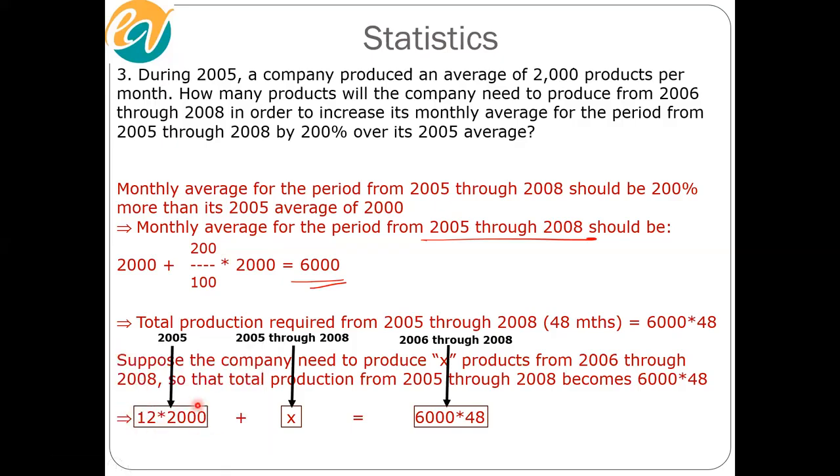This is the total number of products in 2005. Let's assume X is the number of products that the company needs to produce from 2006 to 2008. By the way, this should be 2006 to 2008, and this also should be 2005 to 2008. I need to fix this, guys. Actually, let me do it right now.